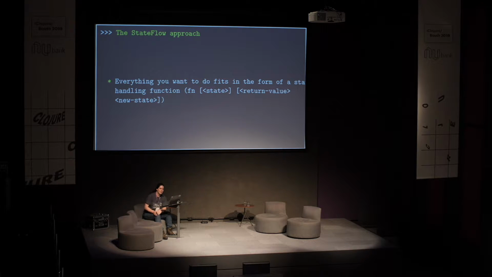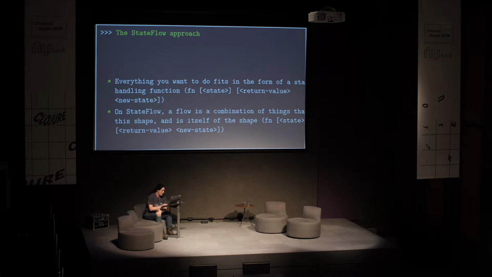The first element of the pair is the return value, and the second element of the pair is the new state. With this simple definition, we can do everything that we want to do in terms of testing the application. And so in Stateflow, a flow is a combination of things that have this shape and is also of this shape.